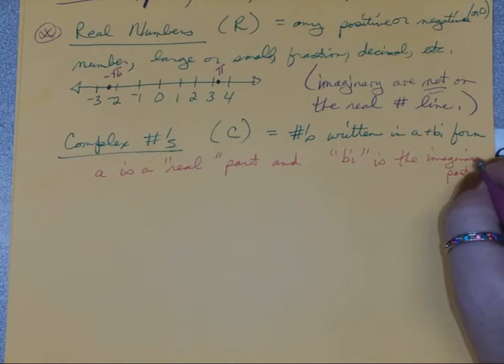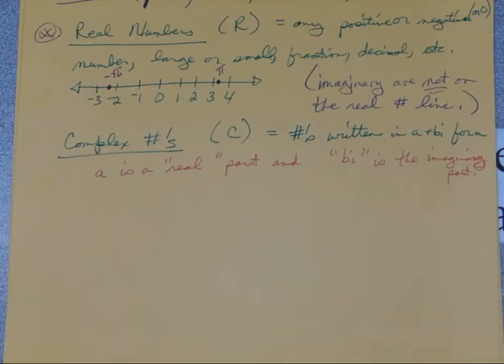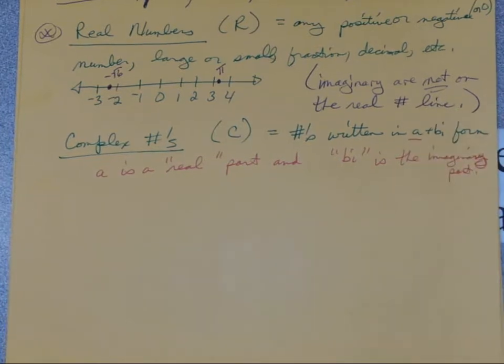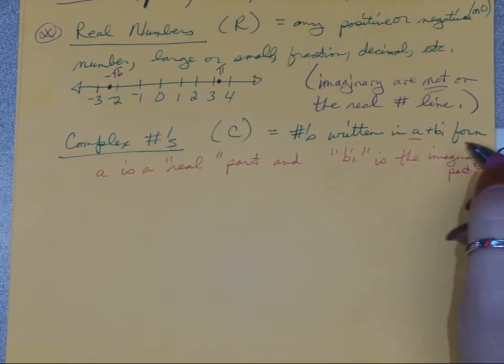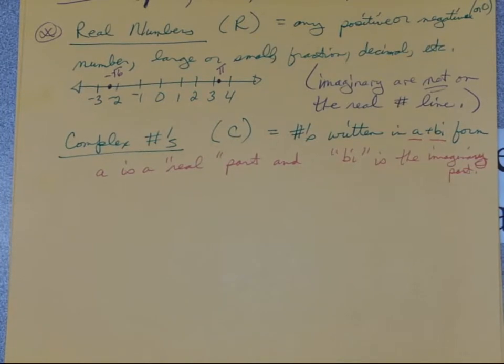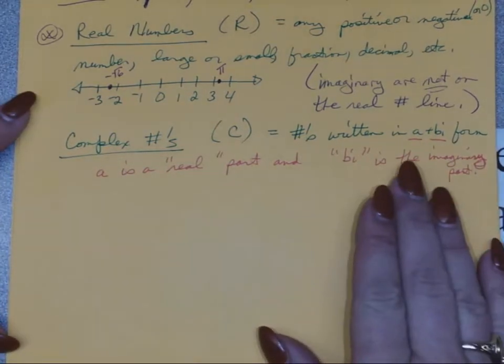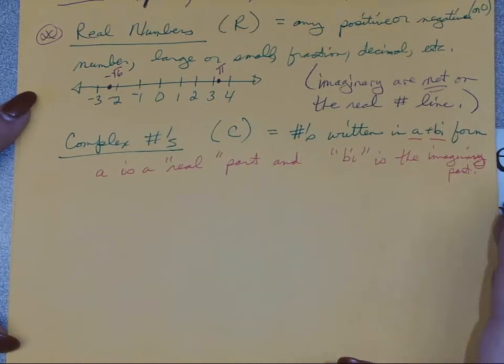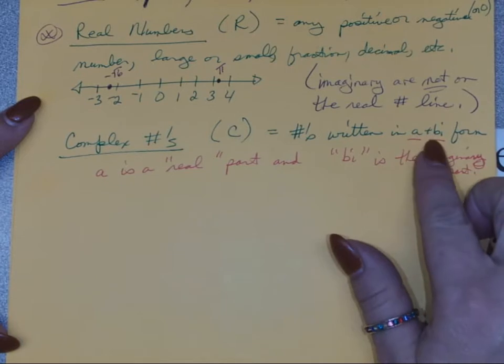Okay, so what that means is that the complex part of it is that it has a real portion right here in A. It has an imaginary portion right here in BI. So it's got a little bit of everything, so that makes it complicated or complex is what they call it. Okay, so the fact that I have both portions in there automatically should kick me out of just real, right? Because I've got this added part.